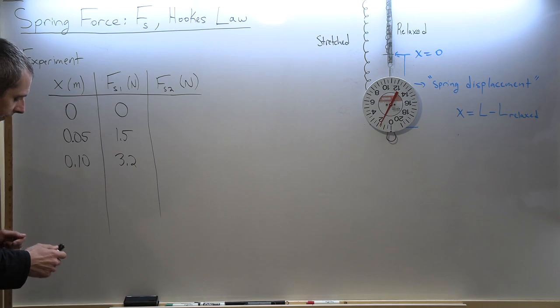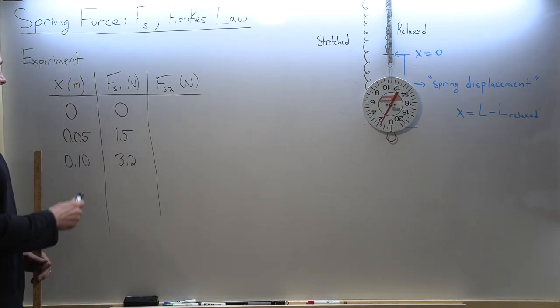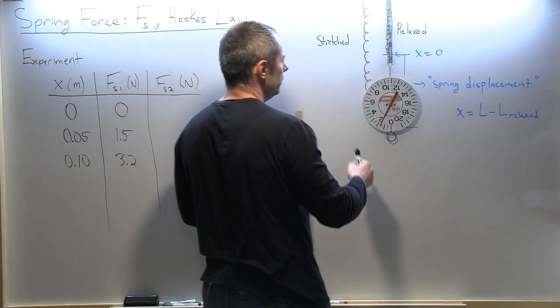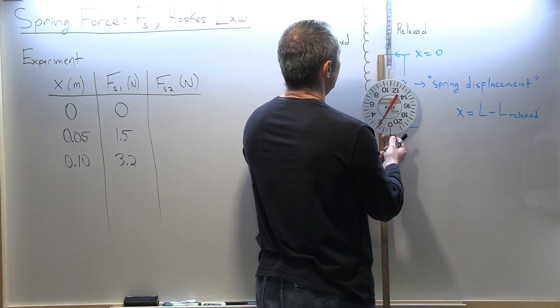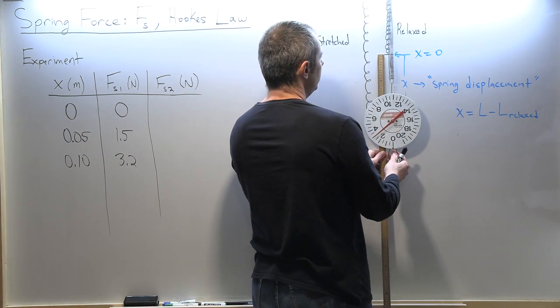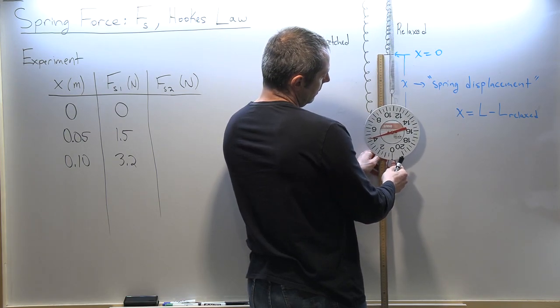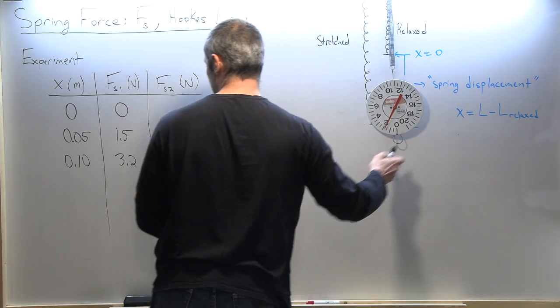The reason why it didn't come out exactly is because I am dealing with a spring scale that's very crude. And actually this spring scale, the gears I can feel are a little rusted or something or damaged. So now I'm going to go to 15 centimeters. And I get around 4.4 maybe for a spring force for 15 centimeters.